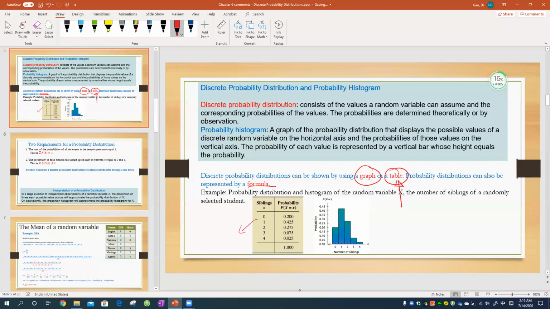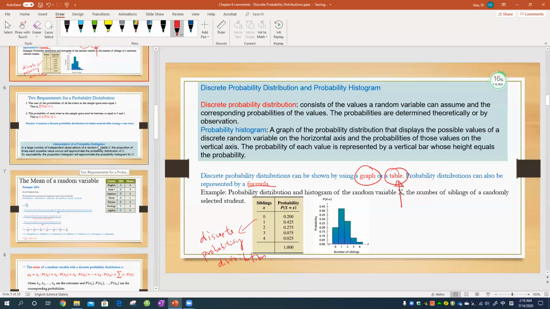So we say this is a distribution, or a discrete probability distribution. Again, it's very similar to the frequency distribution.